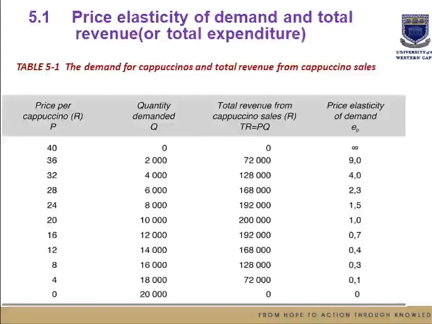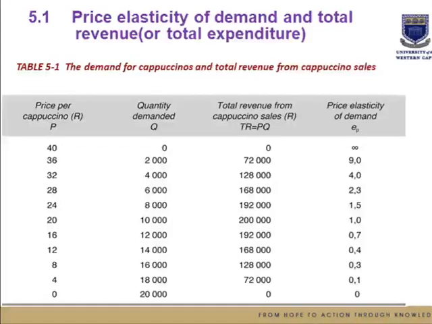For example, at the price of 20 rand, the price elasticity of demand is equal to 1, and the total revenue is maximized at a value of 200,000. Thirdly, when the price elasticity is smaller than 1, then total revenue will change in the same direction as the price change. That is, as the price falls from 16 rand to, say, 4 rand, quantity demanded increases but total revenue falls.